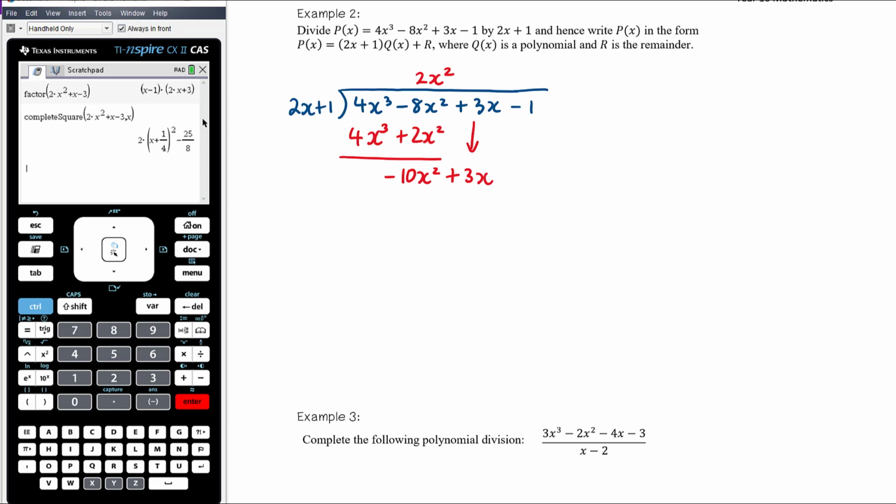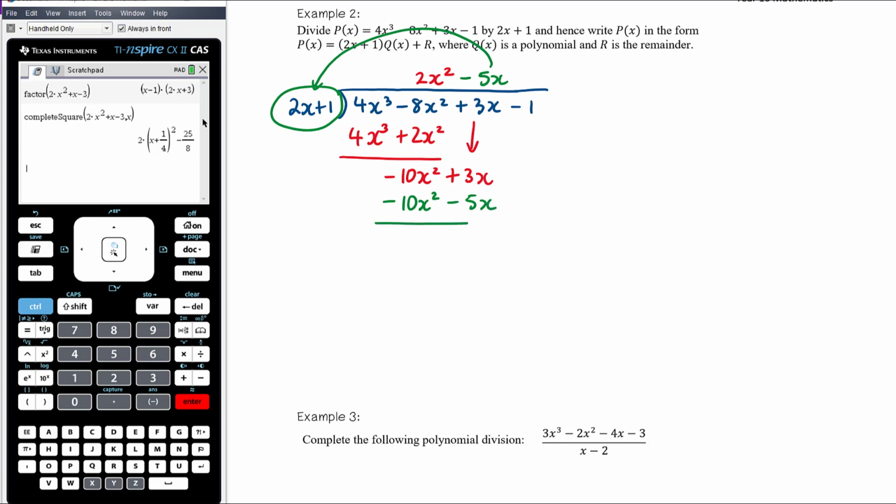Okay, so now it is, what do I have to multiply 2x by to get negative 10x squared? So that would be minus 5x, and again we can check that now because we're going to do minus 5x times 2x plus 1, which is minus 10x squared. So minus 5x times 2x is minus 10x squared, minus 5x times 1 is minus 5x.